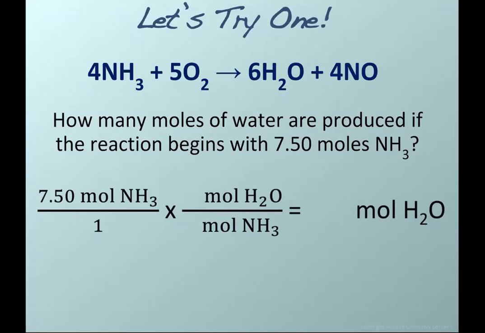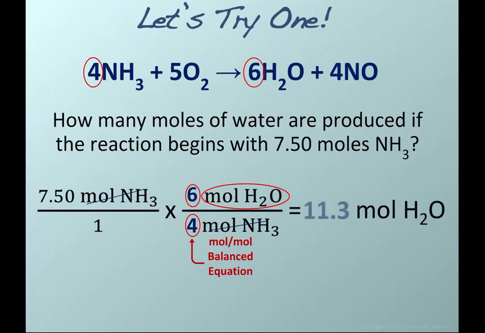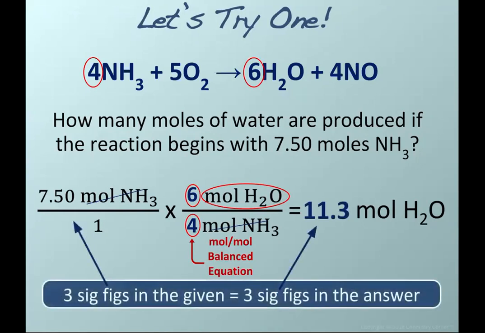And then we're going to put what is known on the bottom, unknown on top. Those are going to cancel. We're going to put on the bottom the 4, on the top the 6. Do this in your calculator, and you should get 11.3 moles of H2O. 3 sig figs in the given, so 3 sig figs in the answer. That's what we're doing right here.